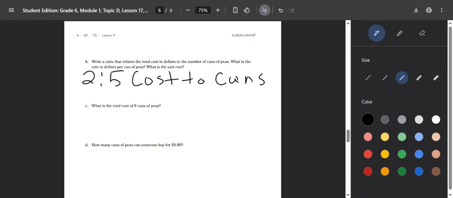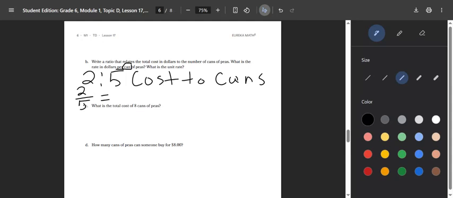All right, now you need to know the rate in dollars per can. So now your word can is behind per, so you want the number of cans to be in the denominator. Okay, so 5 is the number of cans, so that's going to be 2 over 5.